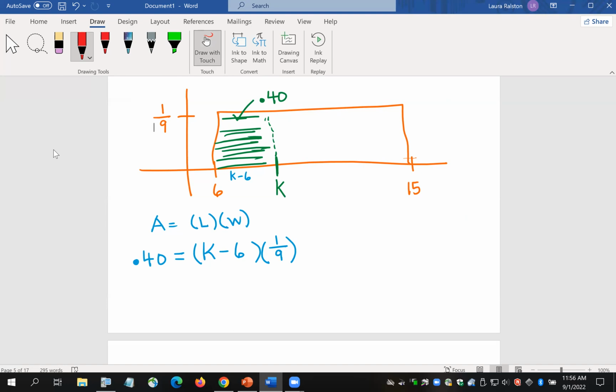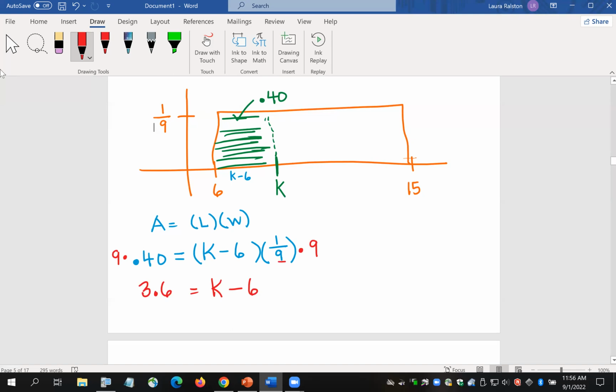Okay, I would get rid of this 1/9 first, so I can do that by multiplying by 9 on both sides. I'm doing good old basic algebra, so hopefully you haven't forgotten your algebra. So I would do 9 times 0.4, which is 3.6. 1/9 times 9 is 1, so that leaves me with K minus 6.